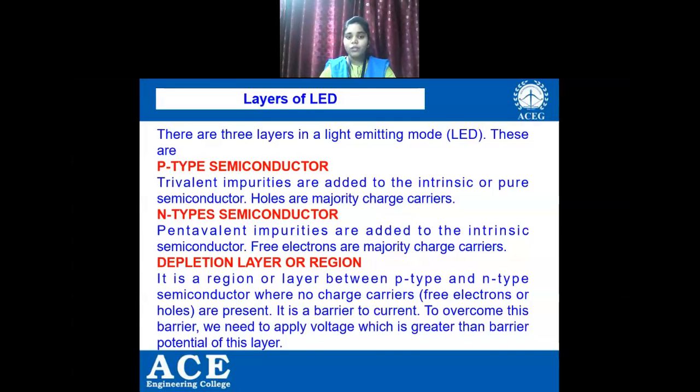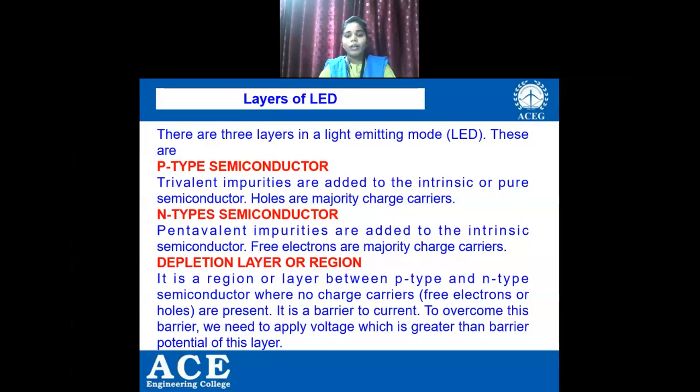And here also, we have a depletion layer where we will not find any free charge carrying particle. It is a barrier to current. Yes, whatever we know about the depletion layer is the same here. It just acts as a barrier to the current. To overcome this barrier, we need to apply a voltage which is greater than the barrier potential of this layer.